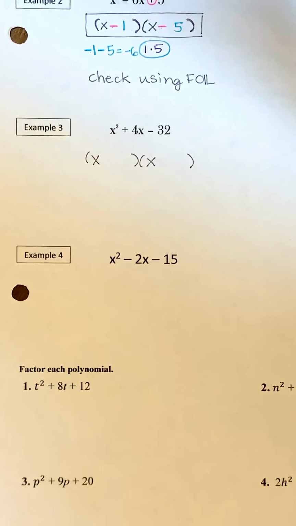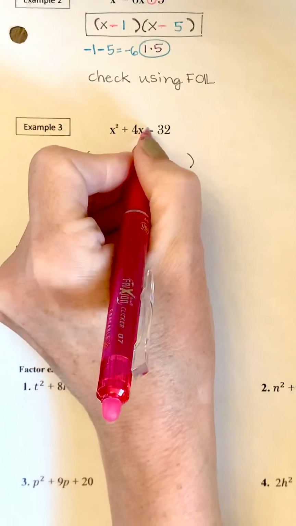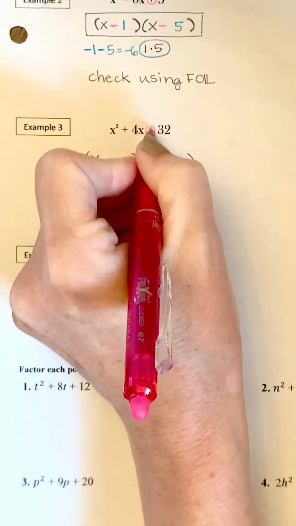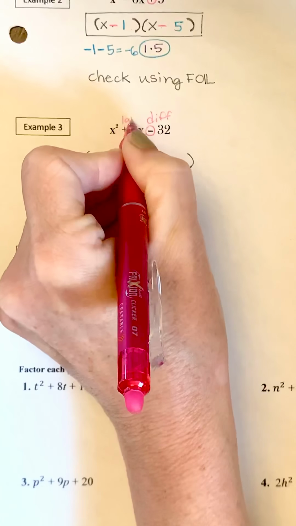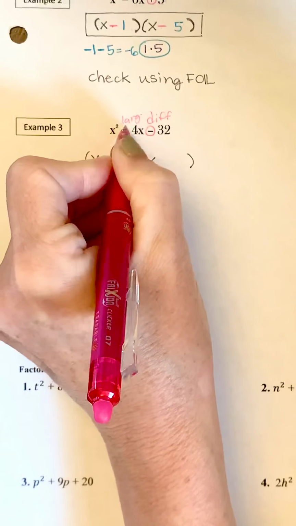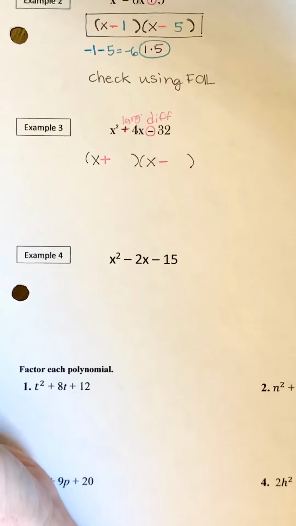Okay, step 2 was to determine the operation for each binomial, or in other words, the sign. This tells me, since it's a minus, that tells me the signs are going to be different. And this one tells me that the larger one will be positive. Okay, so I know the signs are going to be different, so I'm going to go ahead and write that in.